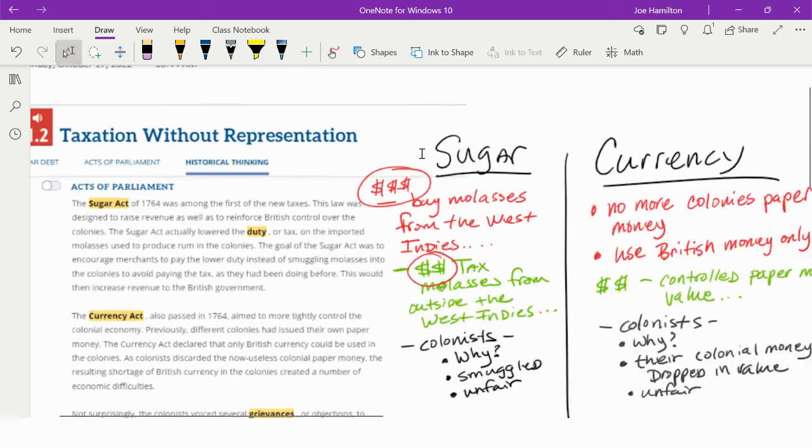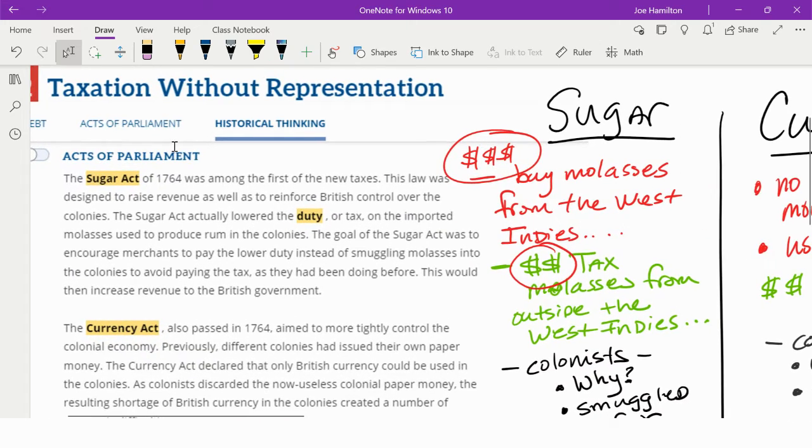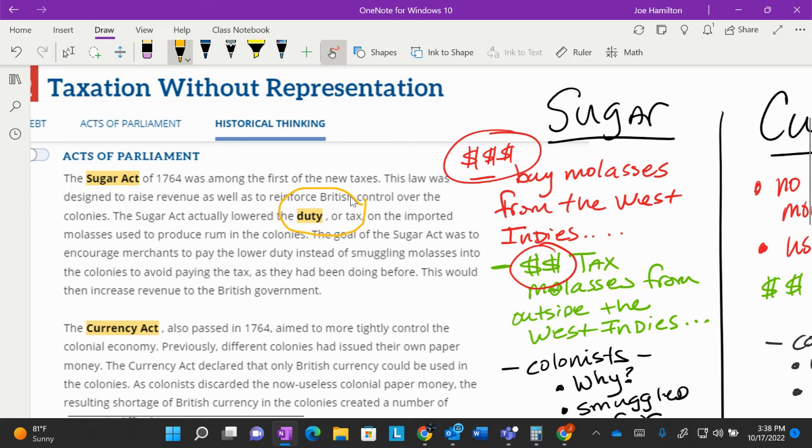Let's take a look at the first one. According to this first paragraph, you see the Sugar Act. In red is a description of the Sugar Act. Basically, one way the king was going to raise money was to impose this tax on buying molasses.